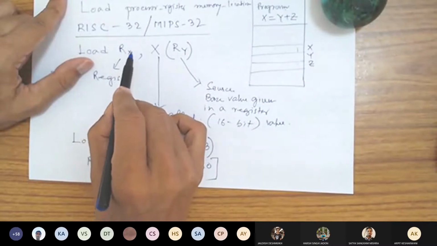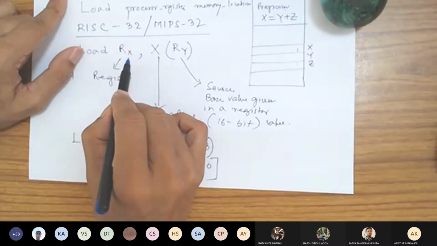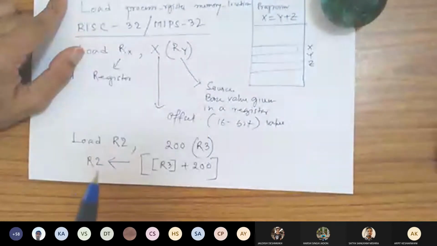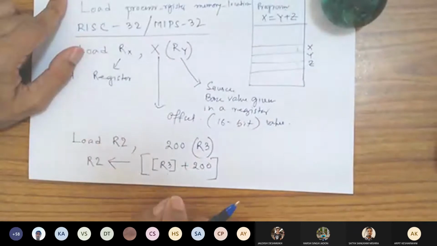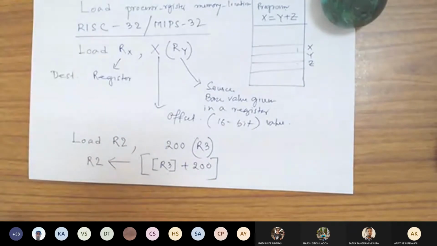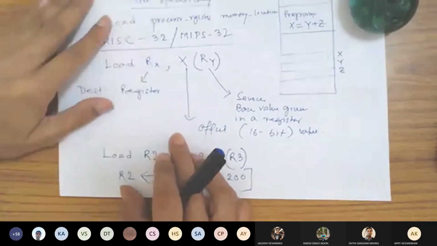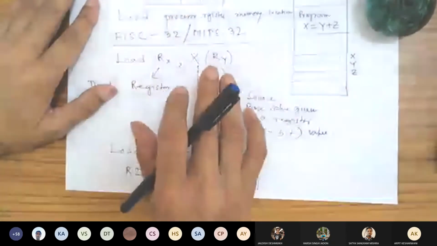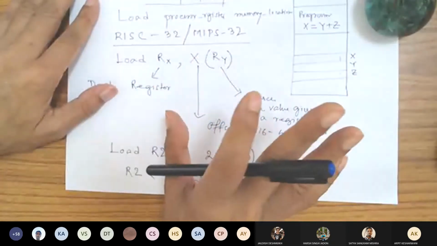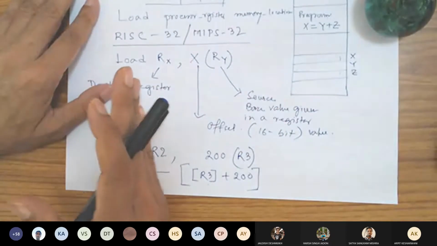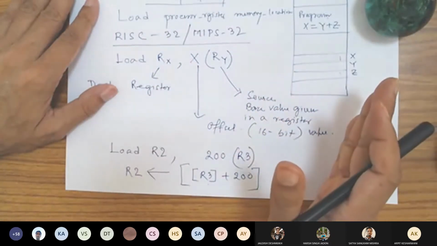So this 32-bit machine has 32 registers, R0 to R31. Some of them are not named like R, they are named with some other names. Some of them are floating point registers also, but for the time being you can assume that they are from R0 to R31.